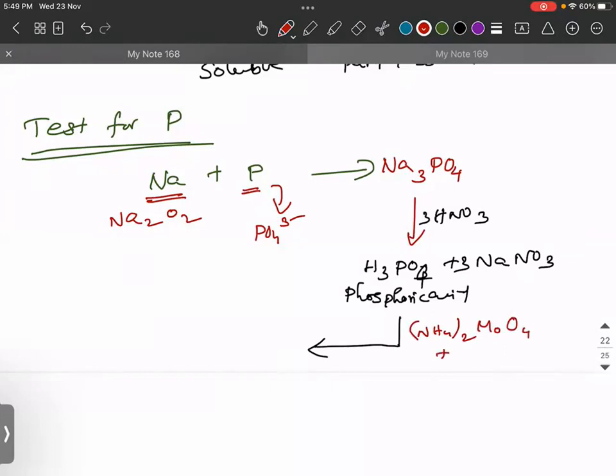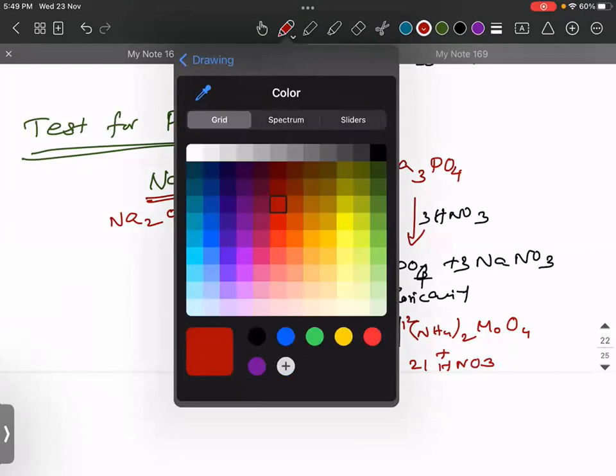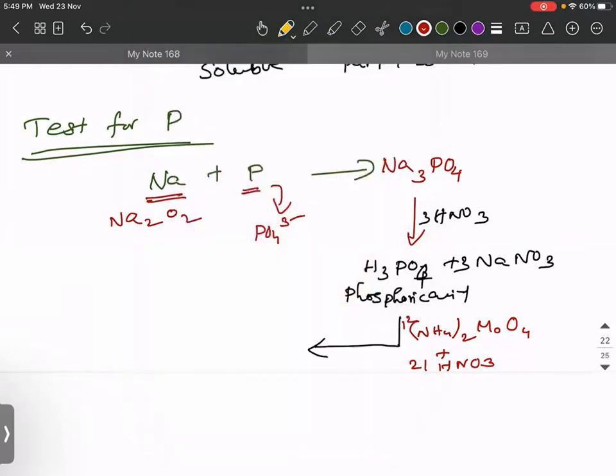When you treat this with 21 moles of HNO3 and 12 moles of ammonium molybdate, you end up with (NH4)3PO4.12MoO3 plus ammonium nitrate plus 12H2O.